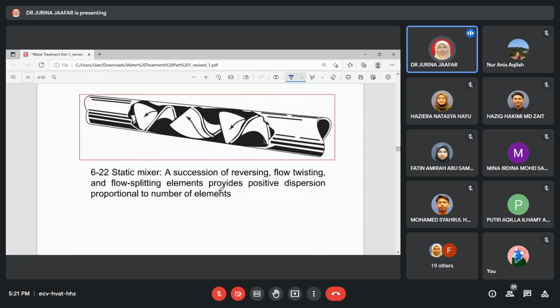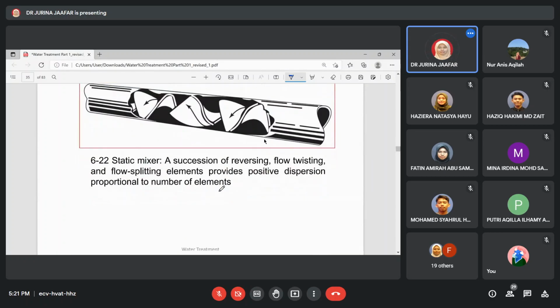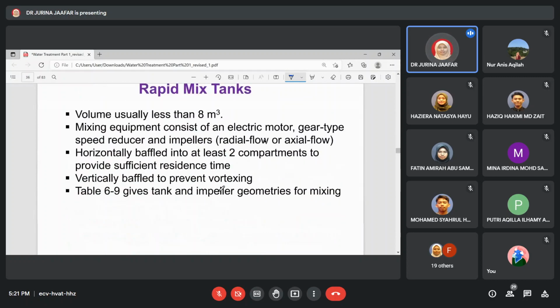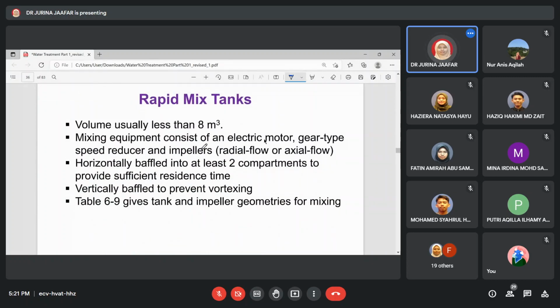This is some of other type of a mixer, right? And the rapid mix, normally the volume is about 8 meter cube. Then kita ada electric motor, gear type. So normally we will look at the radial flow or axial flow. Both can be used in rapid mix tank, how the effect of the flow.